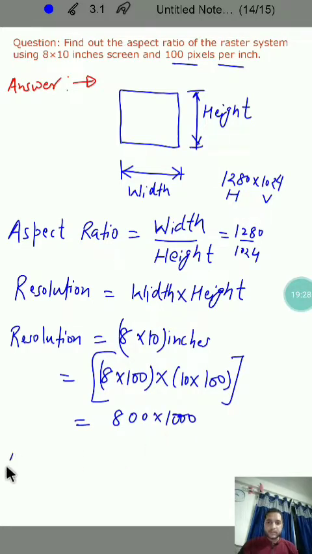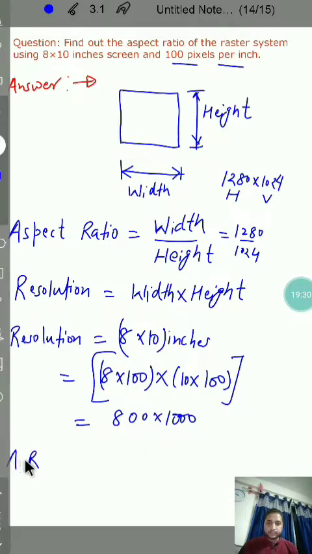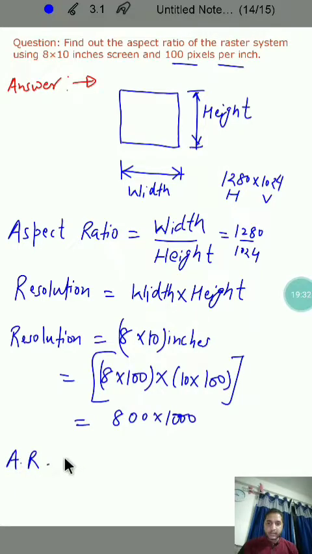Okay, now the aspect ratio will be, this is the width and this is the height, so 800 divided by 1000, that is 8 divided by 10, or you can say 4 divided by 5.